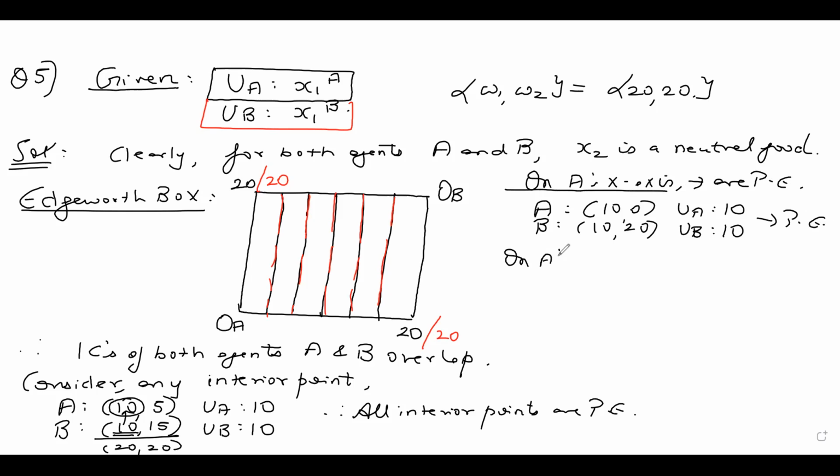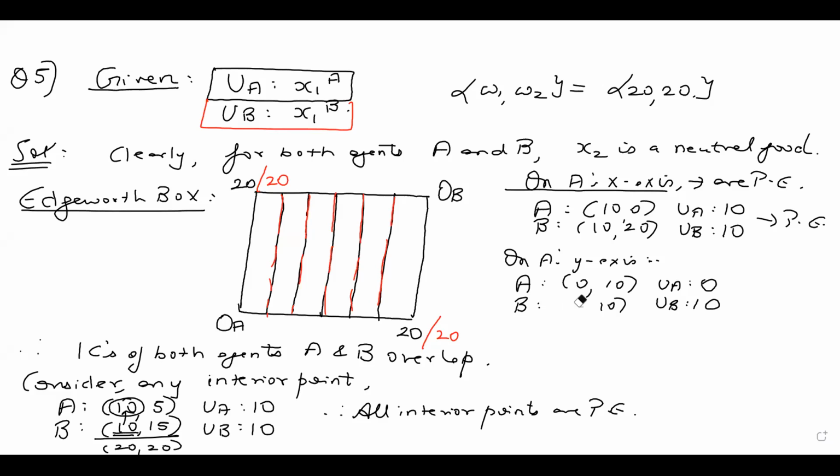Take a point on A's y-axis. On A's y-axis, A has hypothetically, say, (0, 10). Then B is going to have (20, 10).